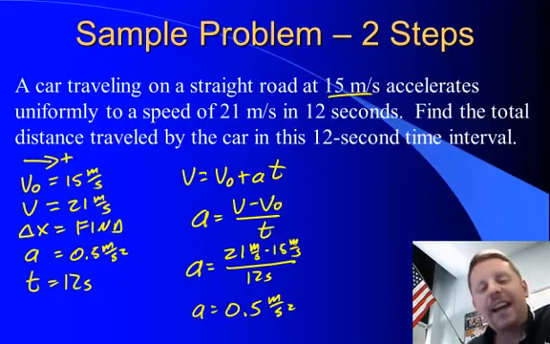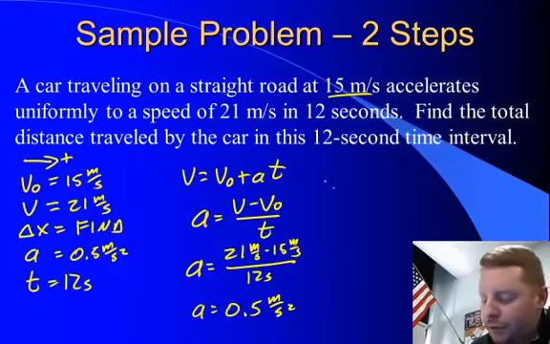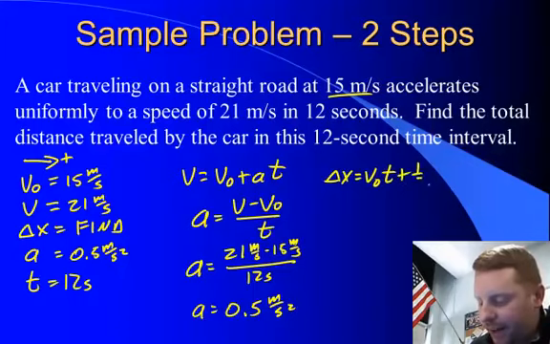Now, to find delta x, I can choose any equation I want that has delta x in it because I know the other 4 items in the table. Let's choose delta x equals v naught t plus 1/2 at squared.